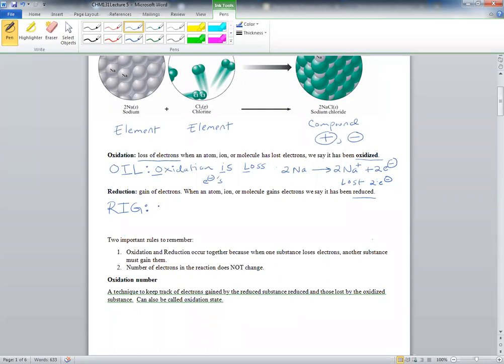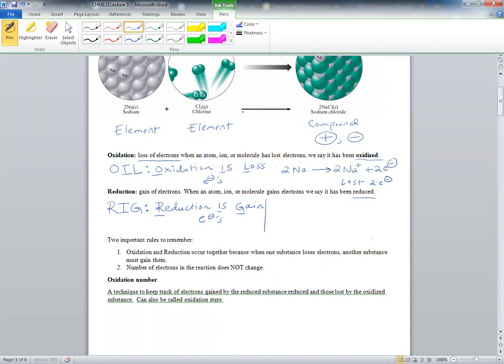You would know that reduction is gain. Of course, we mean electrons. So R-I-G, OIL RIG.